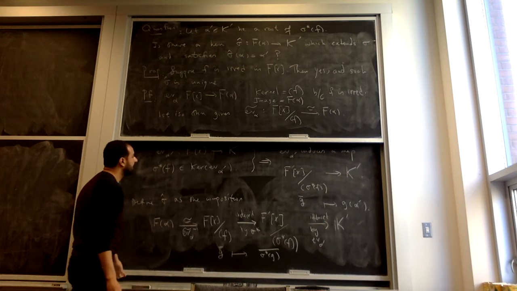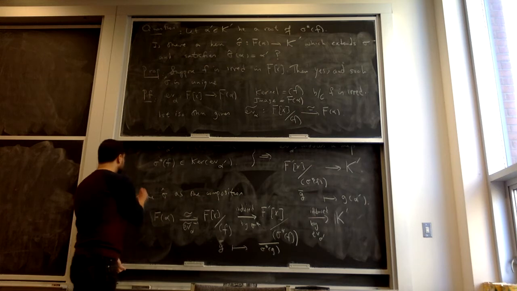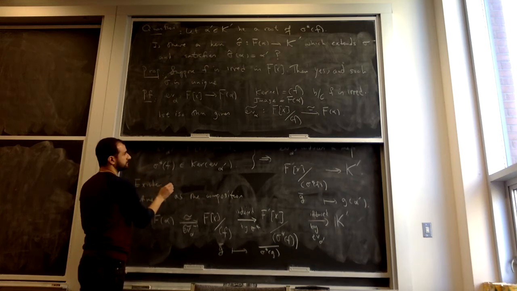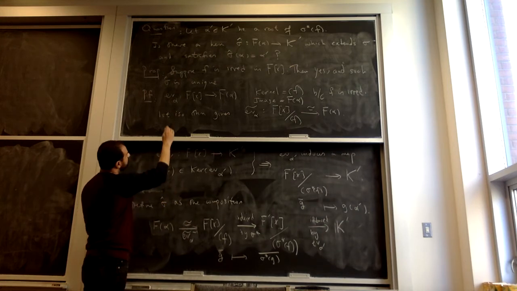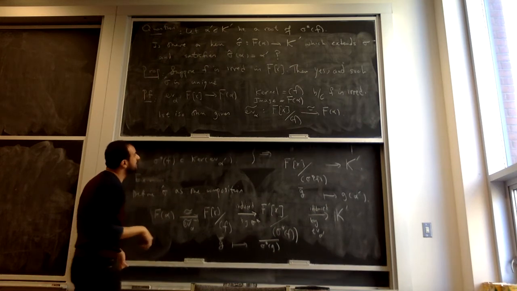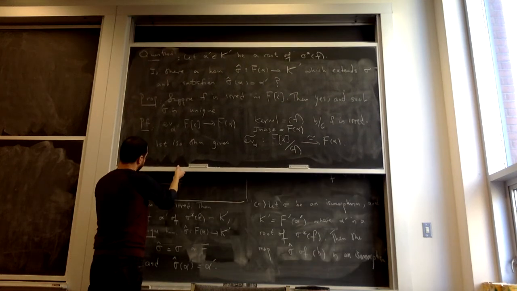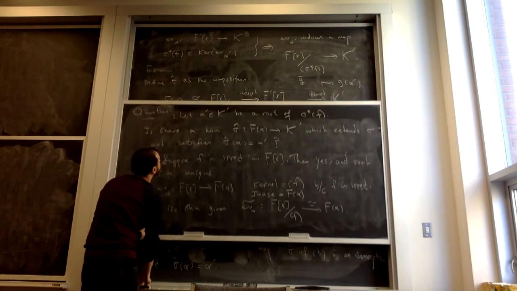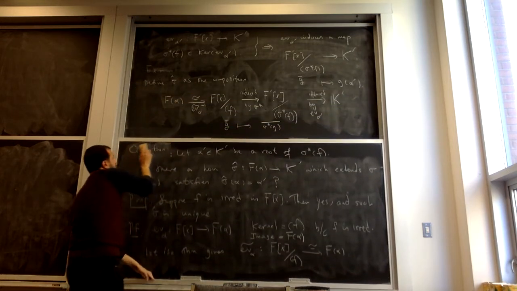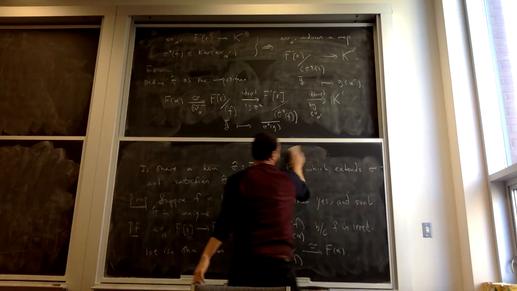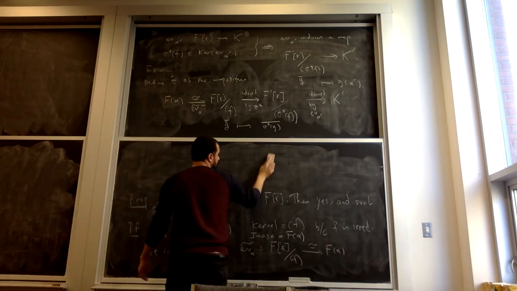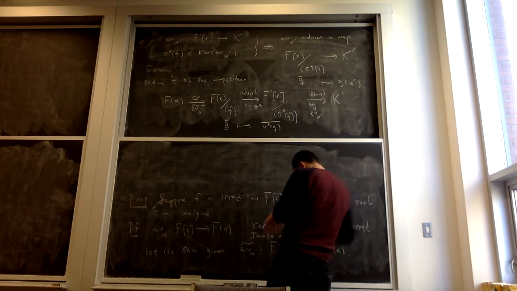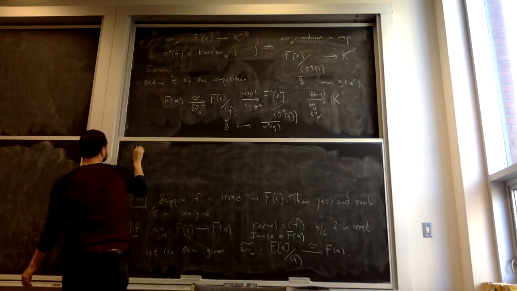And now we're going to show the uniqueness. So this was existence. This proof was the proof of existence. Now let's do the proof of uniqueness. Well, the proof of uniqueness is simpler. So here's the proof of uniqueness.